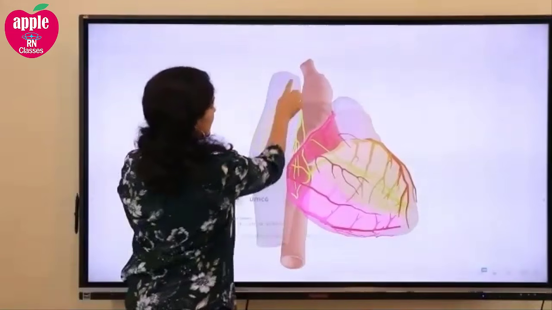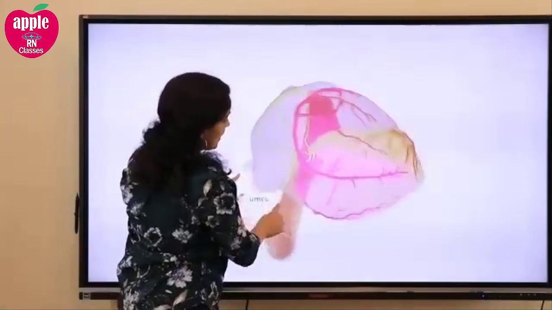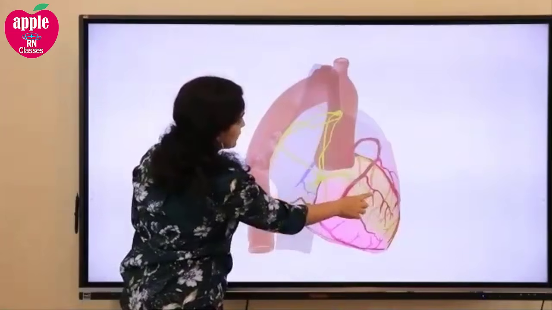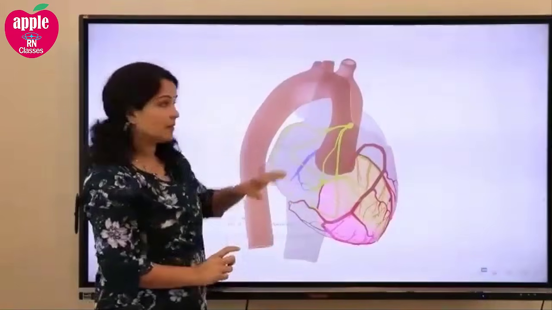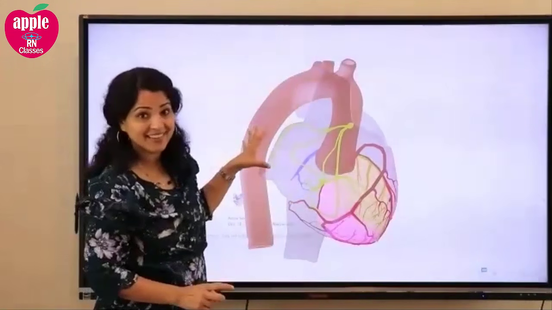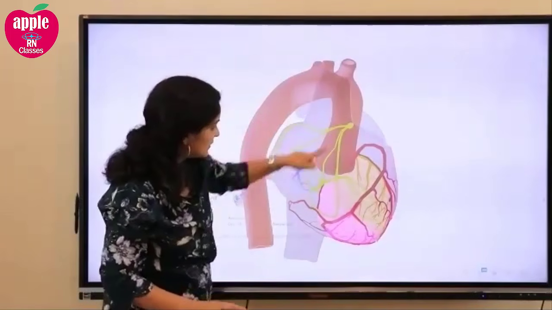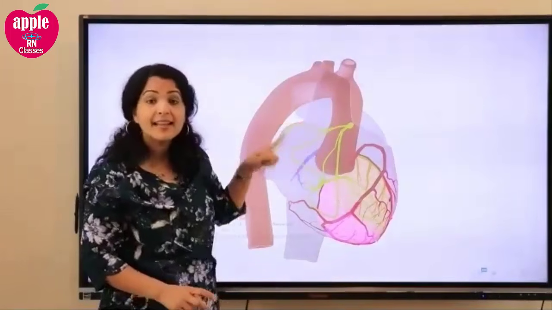There is a node here, then the yellow lines come down to another node, and then the yellow lines go down. This is how the heart is, and you have the aorta, the big blood vessels going out. The beginning of the system is the SA node.